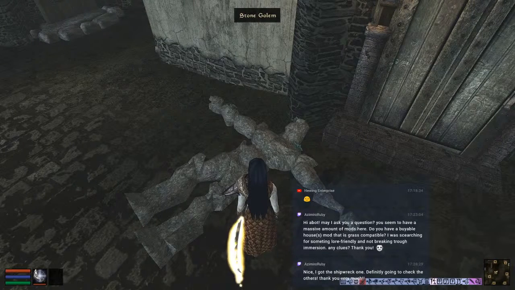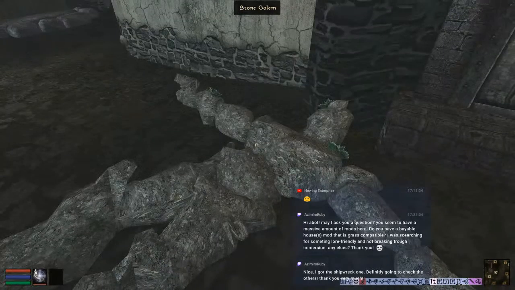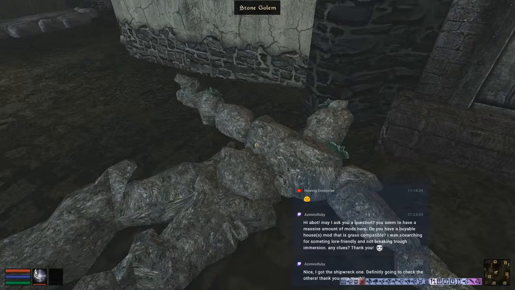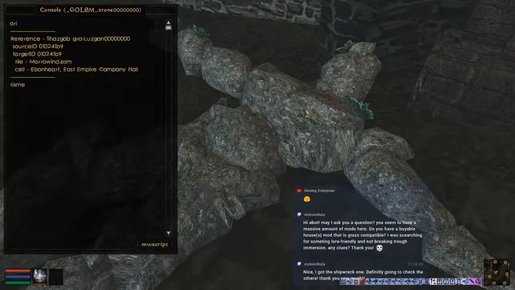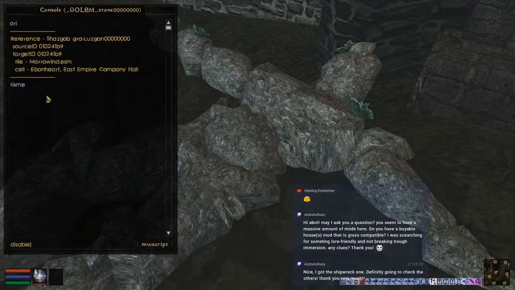So how can you solve this problem without using dispose of corpse and so having an immediate respawn of the creatures? You can disable instead of dispose, and you can do it in the console, just opening the console, clicking the thing and typing disable, like this.